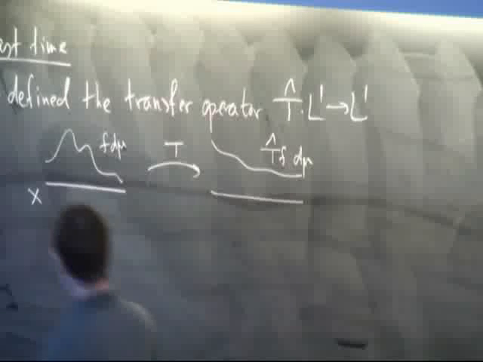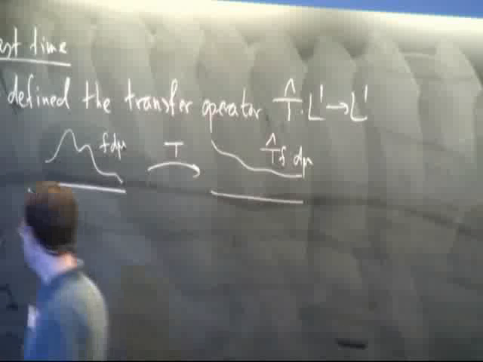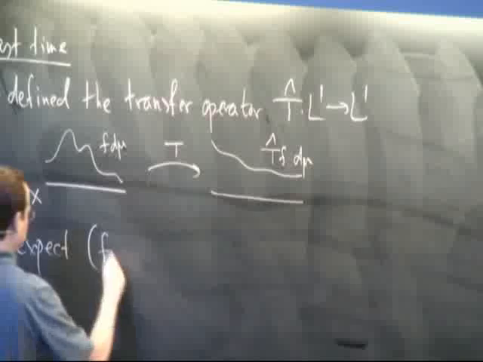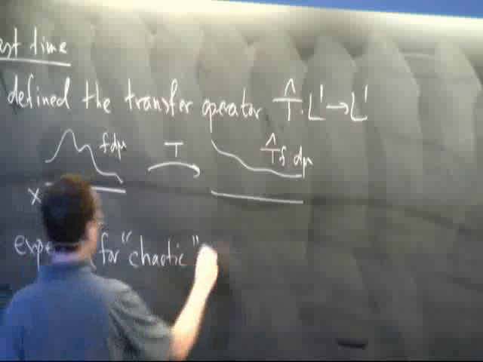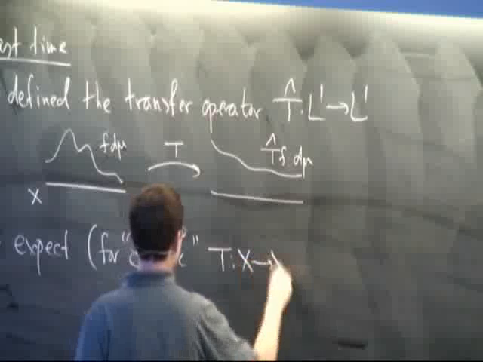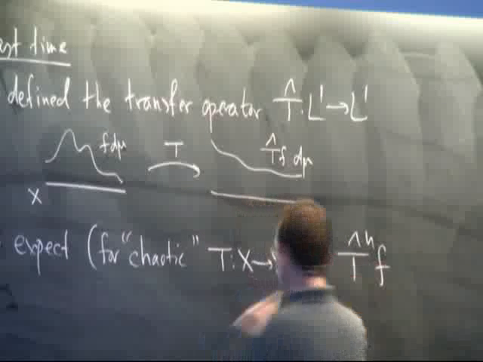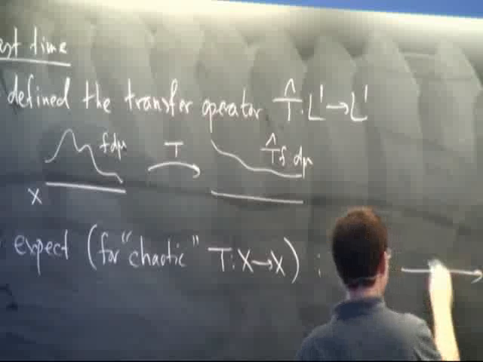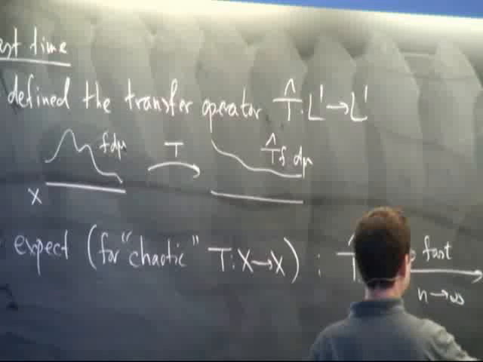Now, because of this phenomenon, we expect for chaotic maps T that when you apply the transfer operator many times to a density, then it will converge very fast to some limit.